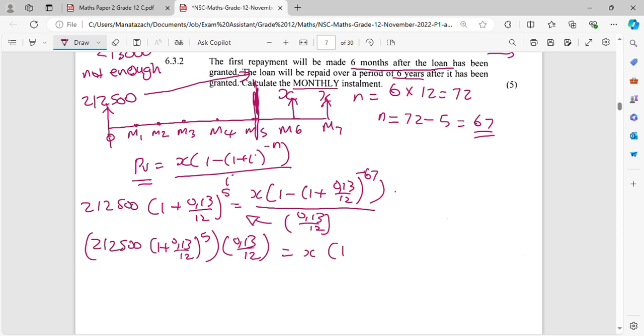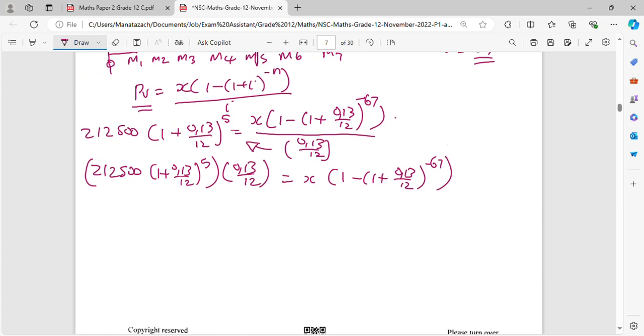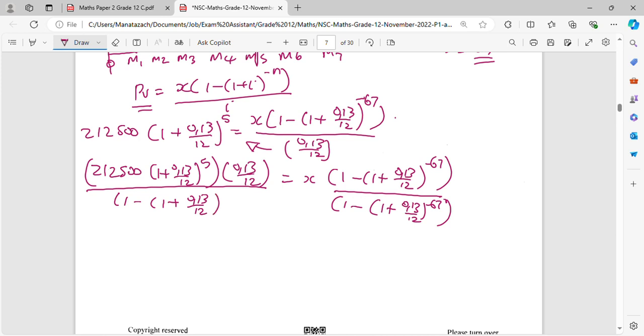I'll be remaining with that whole bracket: 1 plus 0.13 divided by 12, exponent minus 67. And then from here, I'll start dividing by this bracket, including this side. And then I'll work out the x.